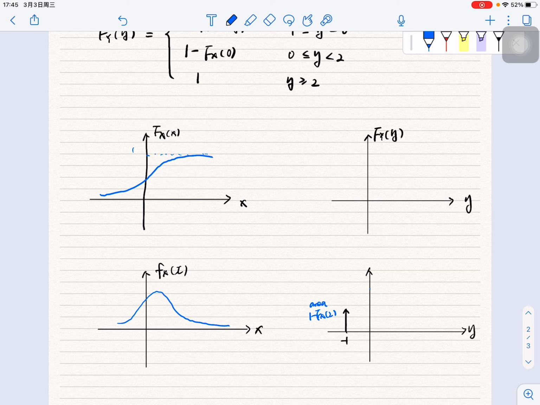At the point 0, it has an impulse, and its area is Fx(1) minus Fx(0). At point 2, it also has an impulse. The area is Fx(0). And in the interval minus 1 to 0, it has a function like this.